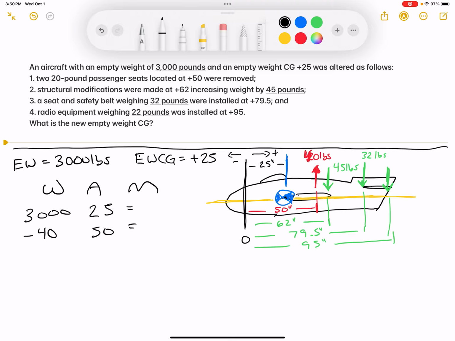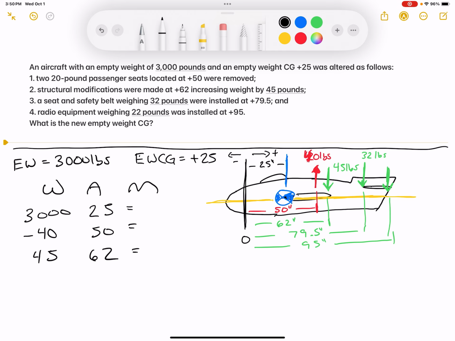Okay, the number 2 item is the structural modifications were made at plus 62, increasing the weight by 45 pounds. So at plus 62 from the datum, we increased by 45 pounds. So we'd have 45 times 62. Then we would have another modification. A seat and safety belt weighing 32 pounds was installed at 79.5.